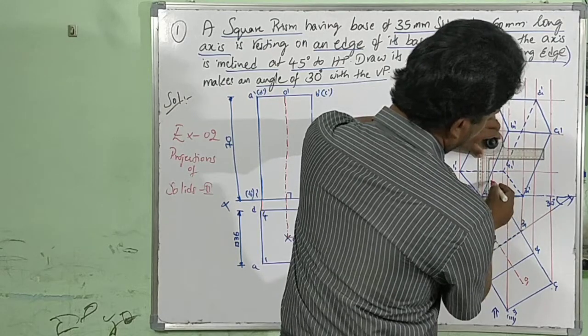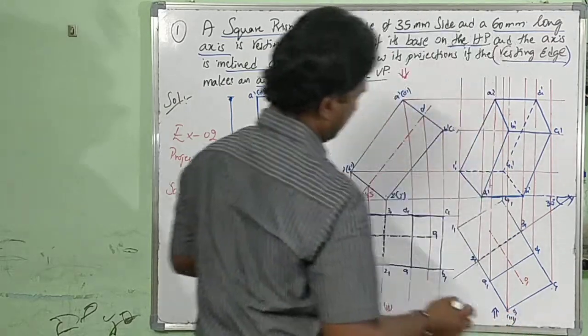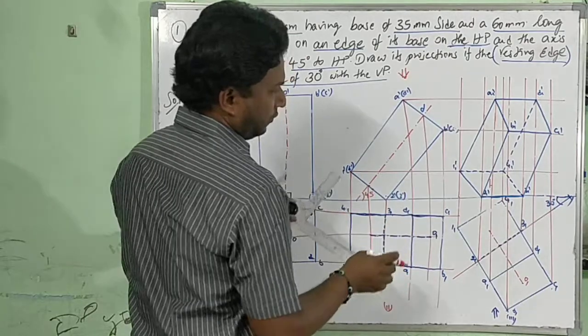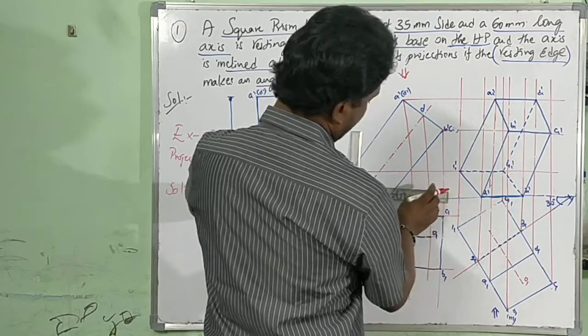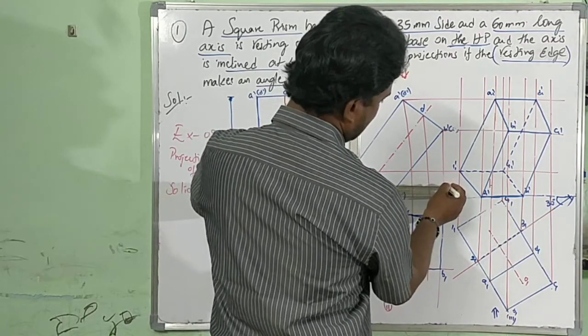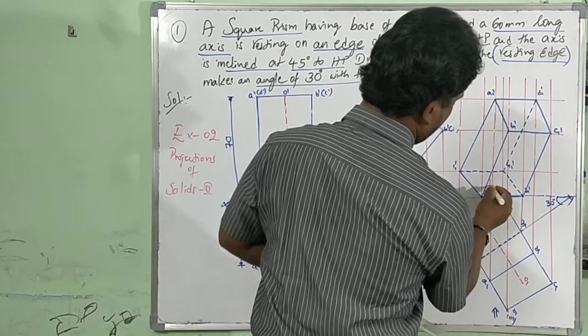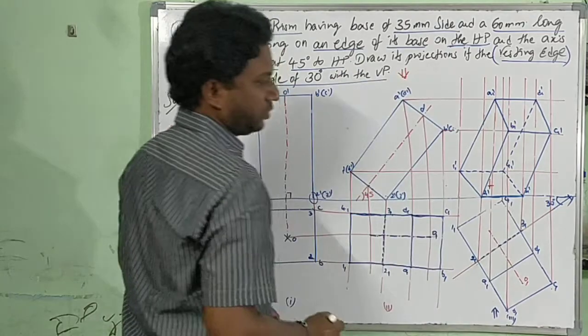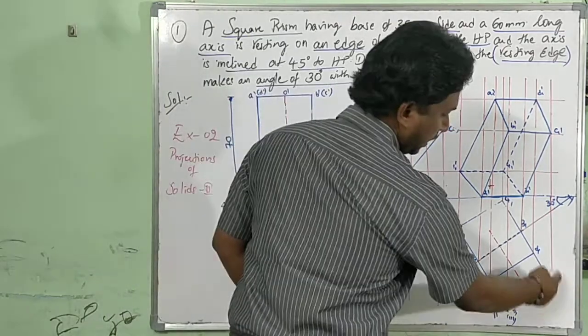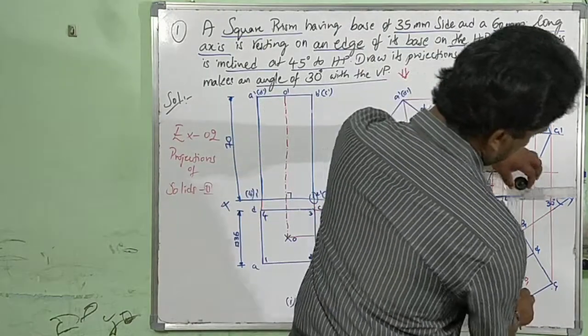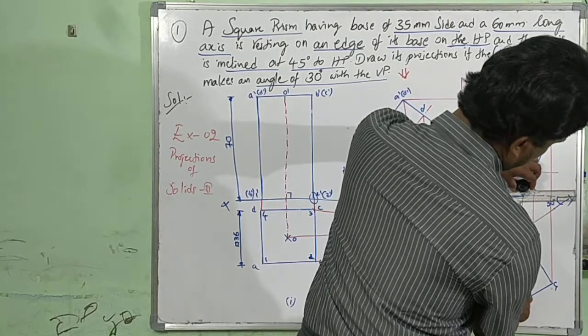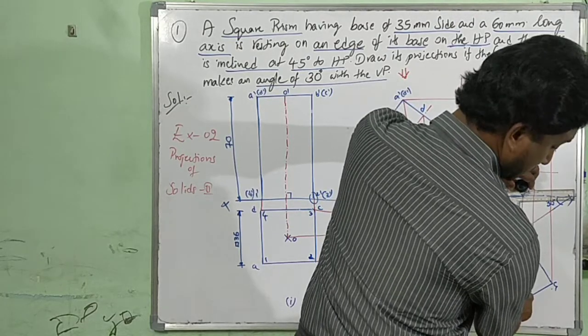You just draw any reference line from here, 1 2 3 4. You might have half scale. Just keep on plotting intersection points, nothing more than that. A1 B1 C1 D1, from over here you can draw lines.